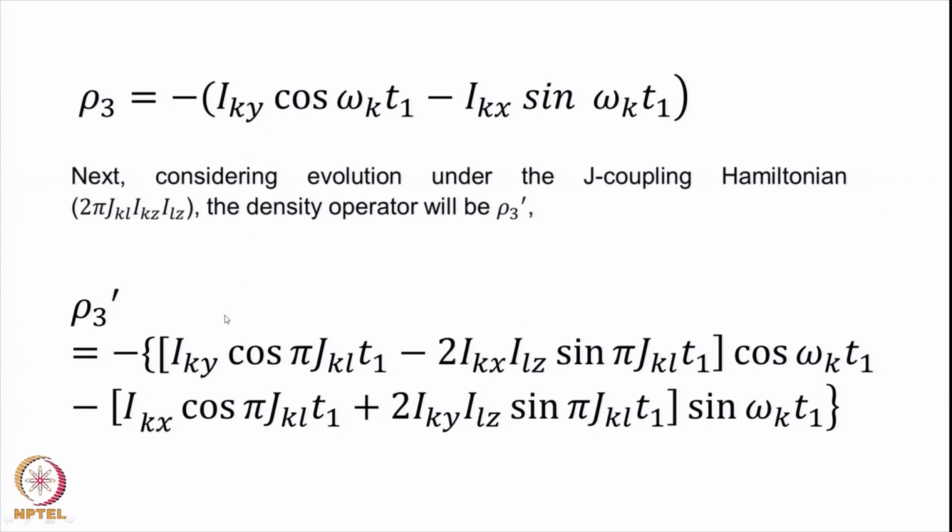IKY evolution gives you IKY cosine pi jkl t1 minus 2 IKX ILZ sin pi jkl t1, and you have this cosine omega k t1 from here. And this term gives you minus IKX cosine pi jkl t1 plus 2 IKY ILZ sin pi jkl t1, and the sin omega k t1 comes from here. Now this is the density operator at the end of the t1 period.